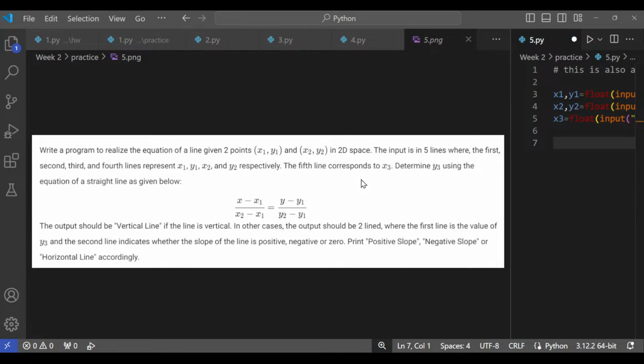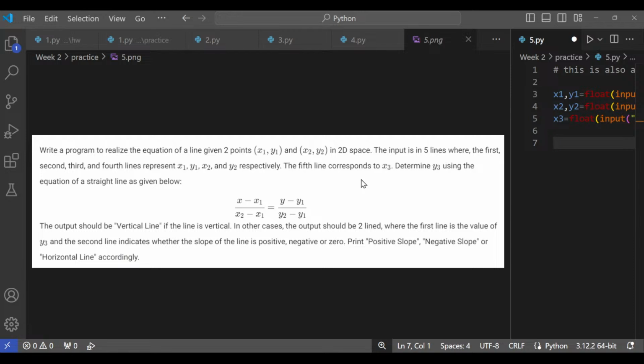Okay, let us have a look at the output. The output should be vertical line if the line is vertical. In other cases, the output should be two lines, where the first line is the value of y3 and the second line indicates whether the slope of the line is positive, negative or zero.